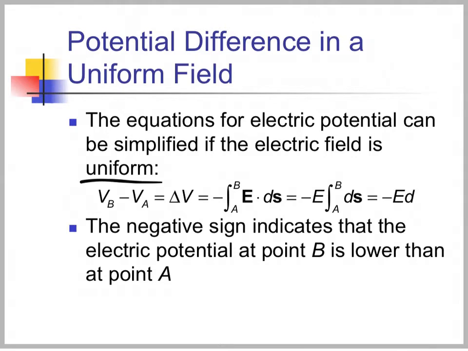If that's the case, then delta V, which is the integral of E dot ds, well, E is constant, so it comes out of the integral. And so the potential difference is minus E times d, where d is the distance the charge has moved in the electric field. And the negative sign indicates that the electric potential at point B is lower than at A.